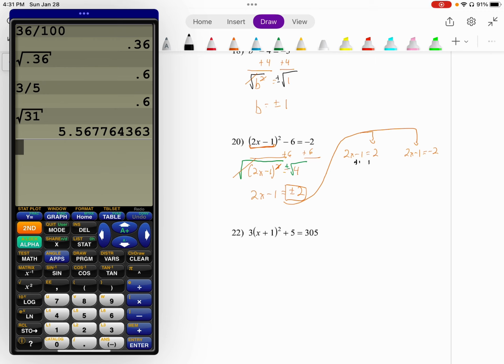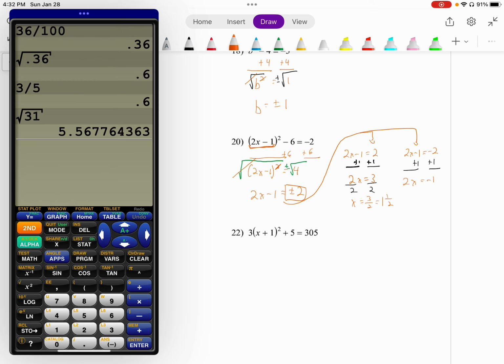We'll add 1 to both sides, and we get 2x equals 3. Divide both sides by 2, and we get x equals 3 halves. Or if you want to, you can write 1.5. And then over to our other equation, we must solve both of them. We get 2x equals negative 1.